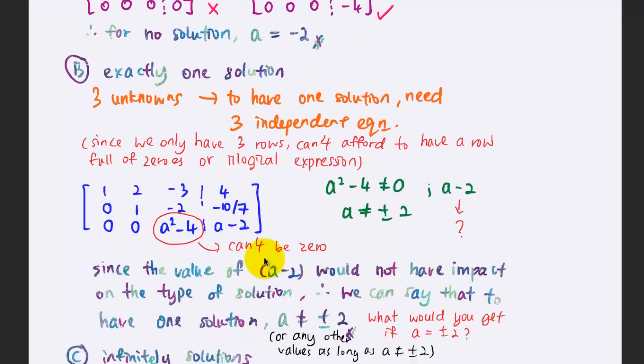Now let's look at another question, which is exactly one solution. From the inspection, you know that we have three unknowns, and in order to have one solution, you need three independent equations here.